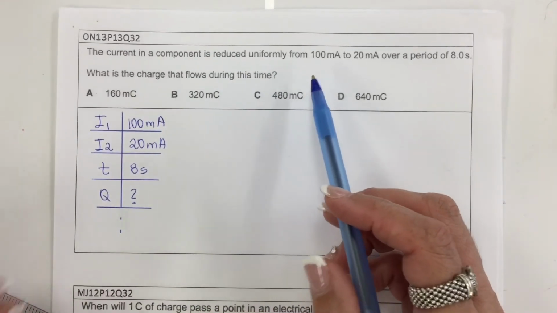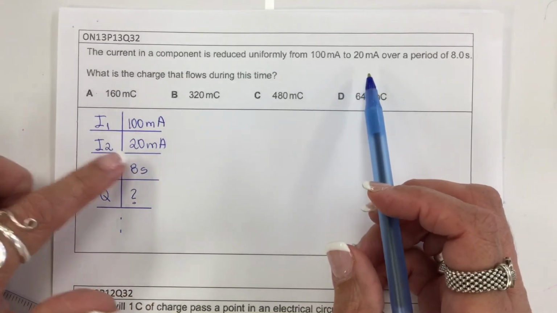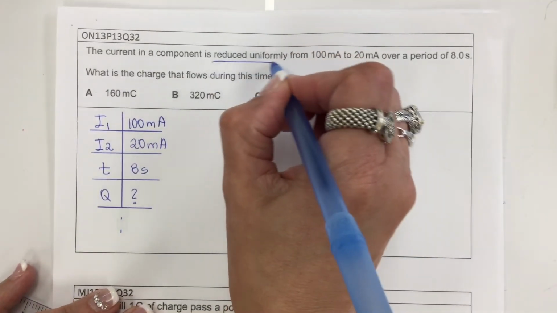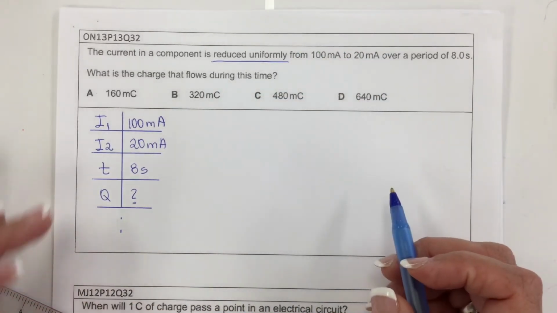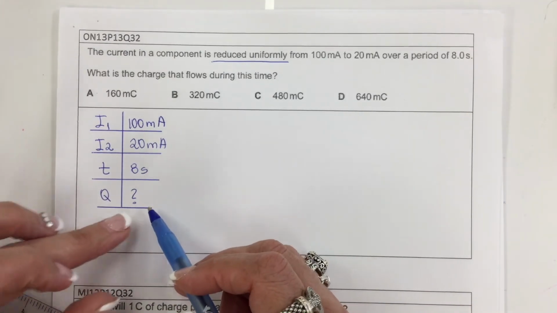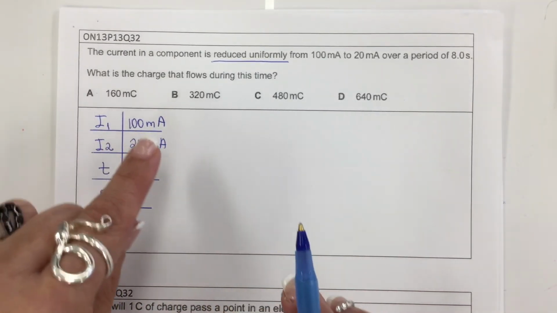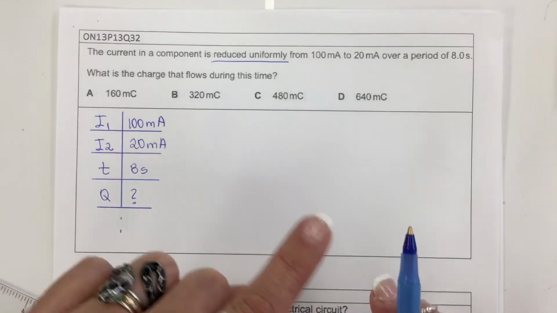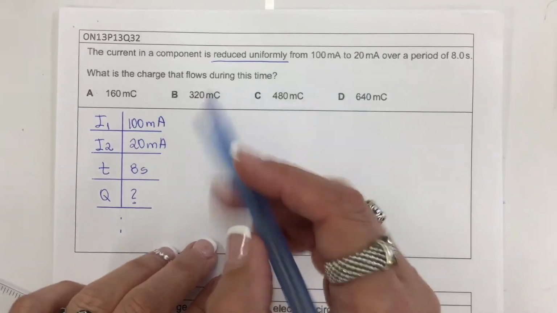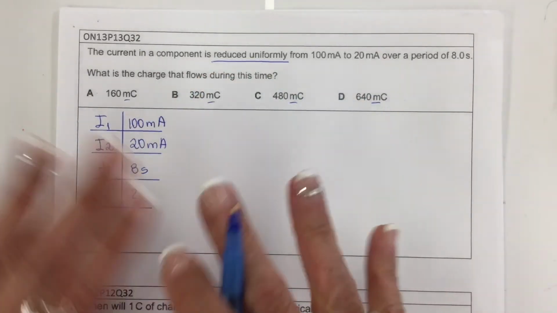So the current is reduced from 100 milliamps to 20 milliamps, reduced uniformly for this period of time. And what is the charge that flows during this time? So I'm not going to use milli as a multiplier in this case, times 10 to the minus 3, because all my answers are with milli. So I will keep it like it is.